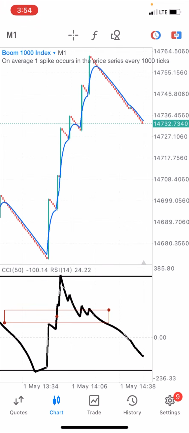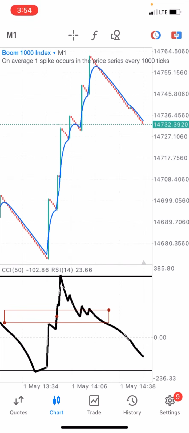So having said that, I want you to understand that you have to go to the higher time frame and look out for a good trend. Make sure that you're trying to catch spikes on the bull market. You know that you want to be buying. If you're trying to catch spikes on the crash markets, you want to be selling.